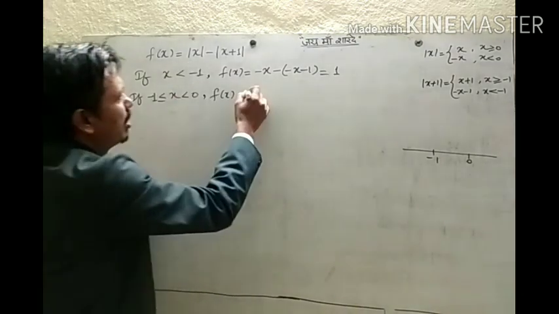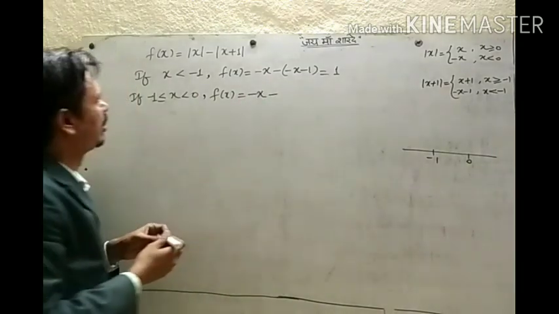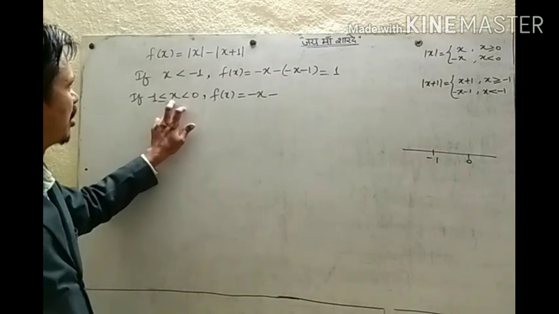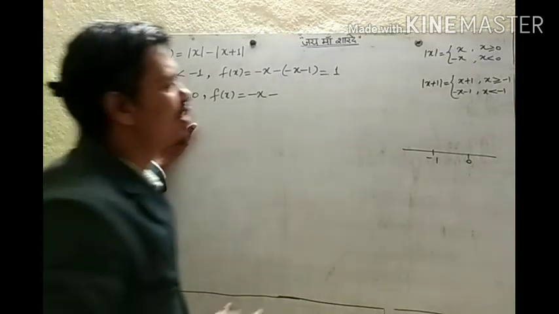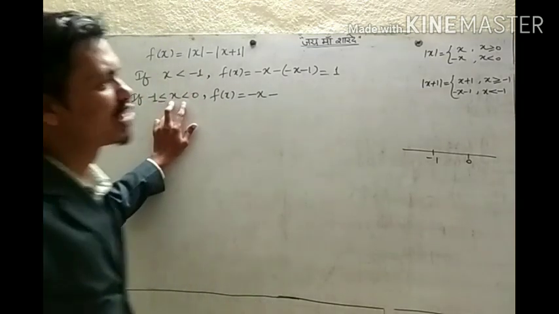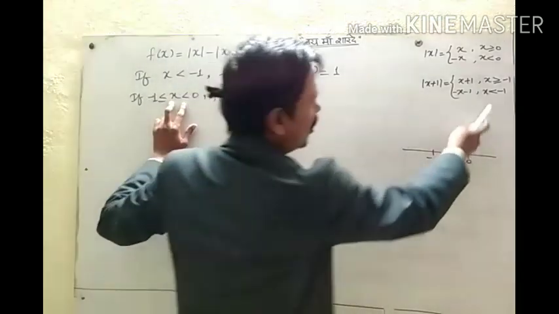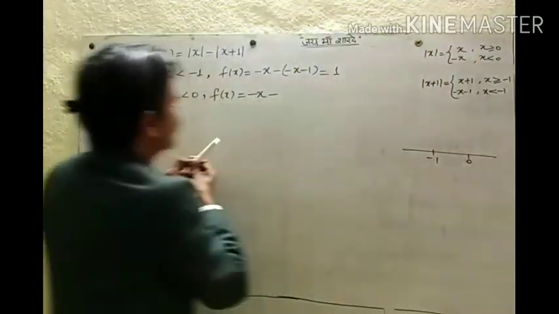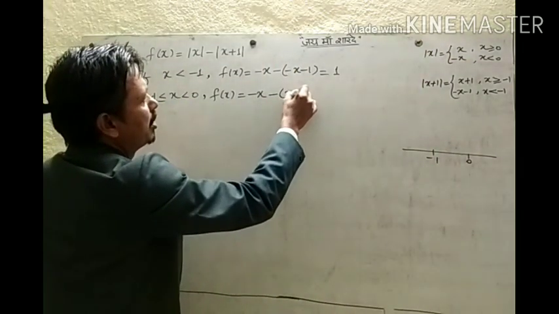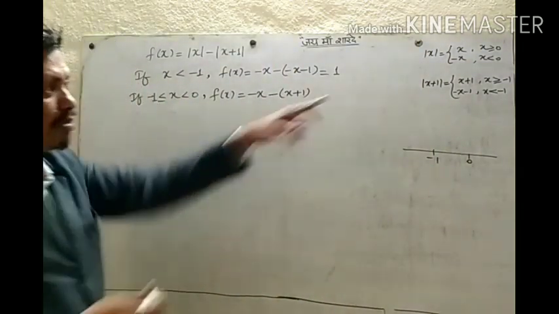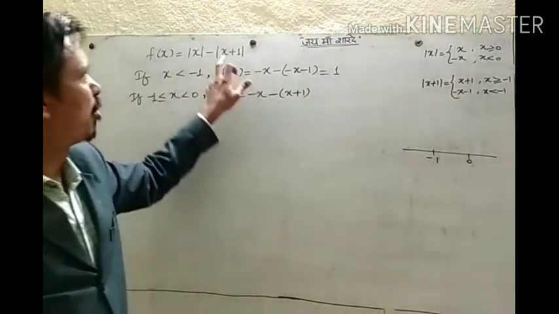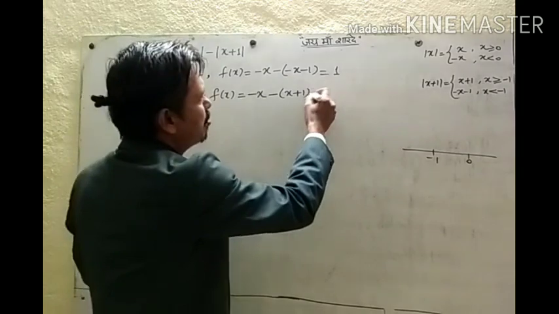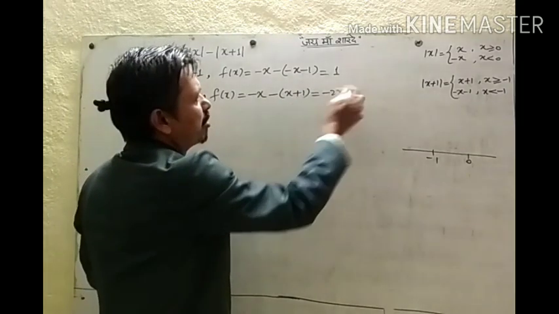So mod x will be minus x, where x is less than 0 and more than minus 1. So x plus 1 will be more than or equal to 0, so mod x plus 1 will be x plus 1. Now with the minus sign, it is minus 2x minus 1.